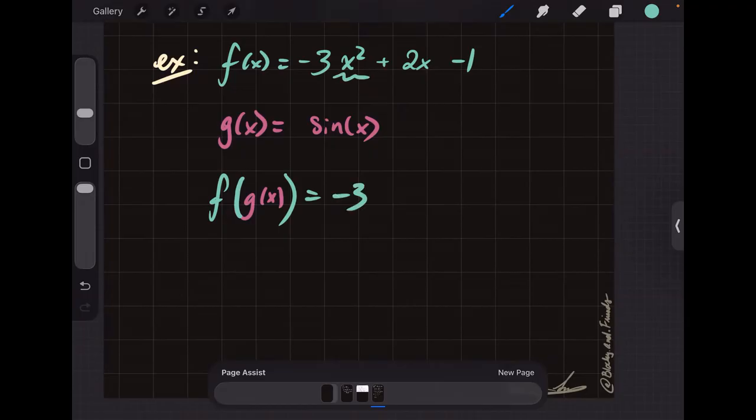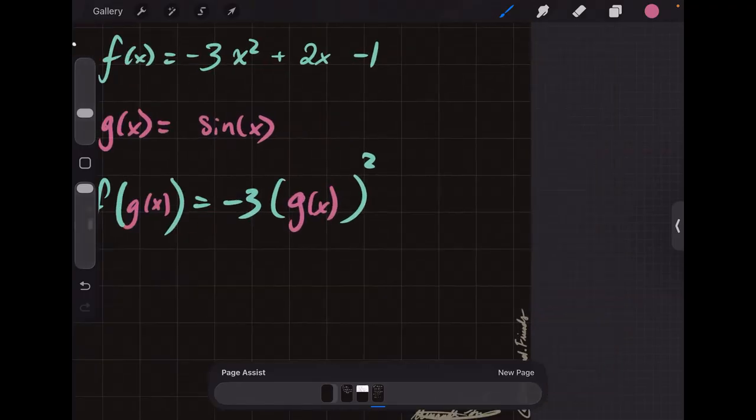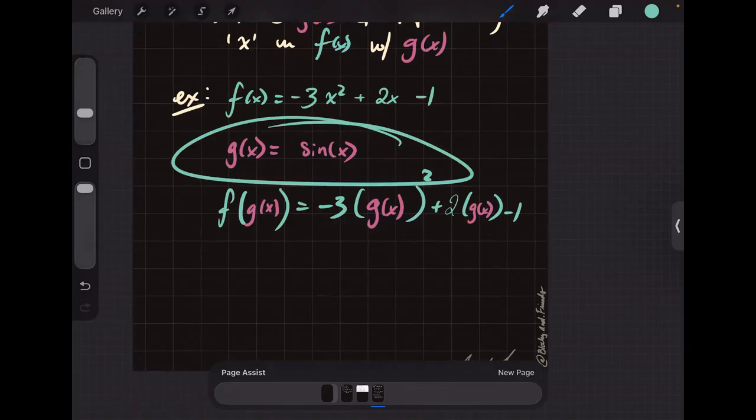Oh, look, there's an x squared. So parentheses, because that's where the x goes, squared. And what goes inside? g of x. Plus 2. Oh, look, there's an x there. And what goes in there? g of x, minus 1. Wait, but we know what g of x is.